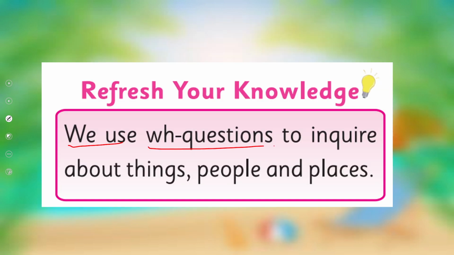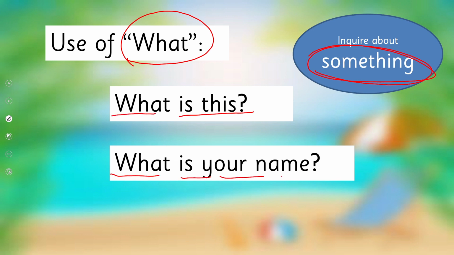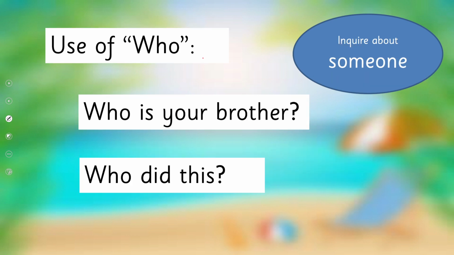We use WH questions to inquire about things, people, and places, and we use what if we inquire about something. What is this? What is your name? You are inquiring about a thing, you will use what. We use who when we inquire about someone, a person.